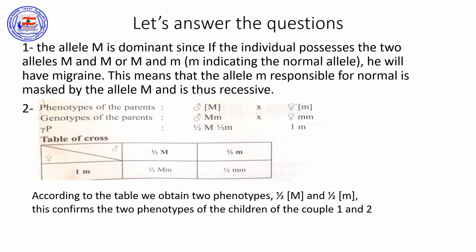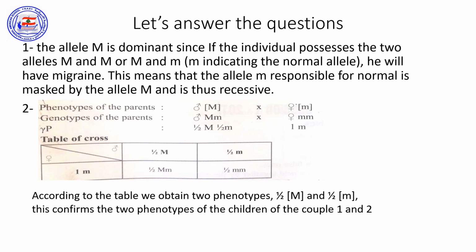For the second question, to verify the phenotypes of the descendants of this couple, the father has the phenotype M affected and the mother is small m normal. The genotypes of the parents: the father is hybrid, capital M small m. Why?